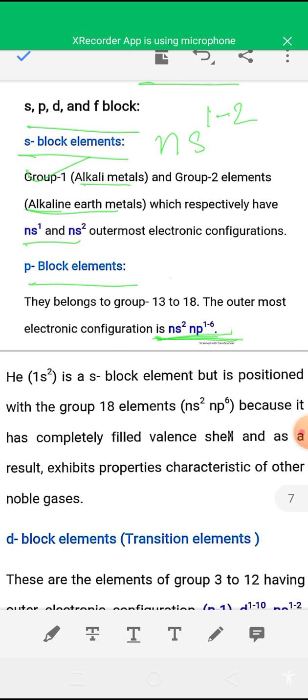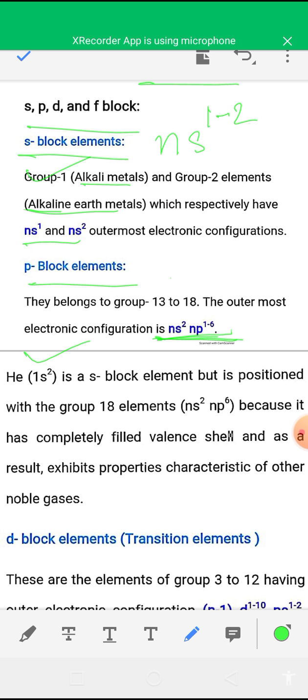Now see, here one note is given: helium, whose electronic configuration is 1s2, is an S block element, but helium is positioned with the group 18 elements having general electronic configuration ns2, np6, because it has a completely filled valence shell, and as a result exhibits properties characteristic of other noble gases.